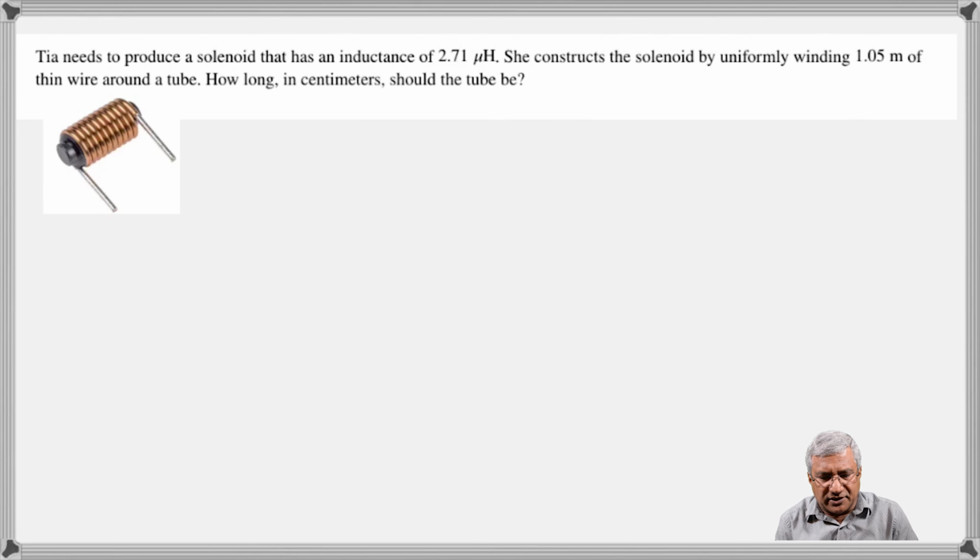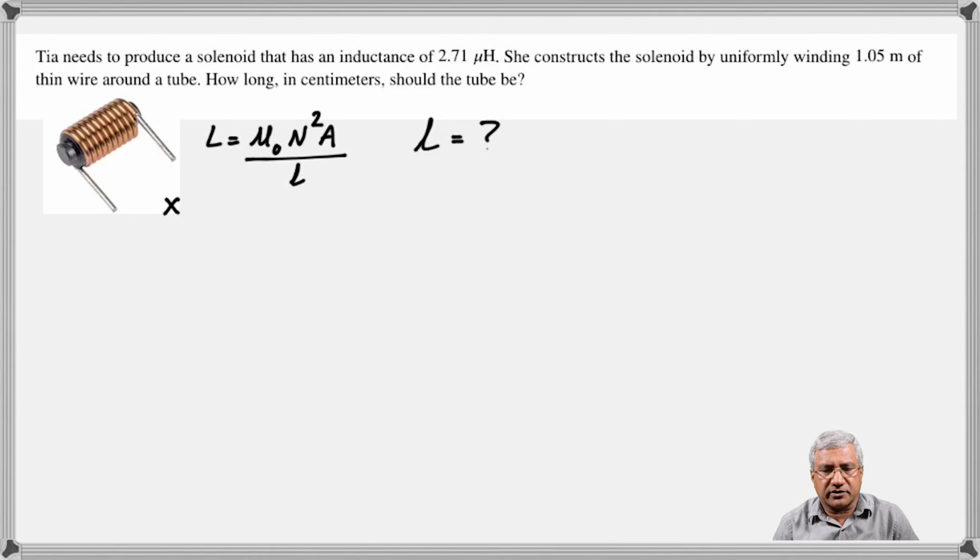But let's break this down. This is what an inductor is. You can see that the cable is wound over a circular frame. And the formula for inductance L is mu naught n squared A by the length. We are asked to find the length of the winding. So capital L is the inductance and the little l is the length of the winding.